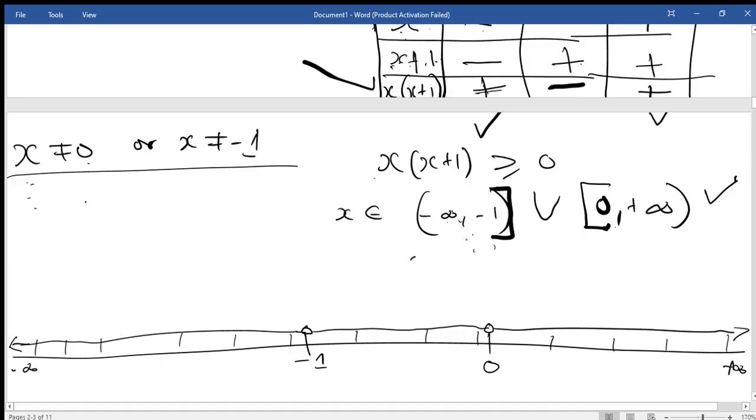This means from -infinity to -1. So if I'm coming from -infinity there, when I reach -1, it is also included, we shade, but at the same time we jump. We don't include the in-between values. We start from 0 again, we go to the positive part.